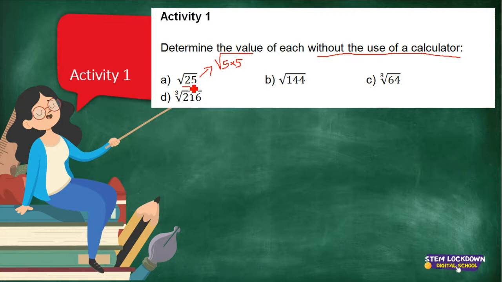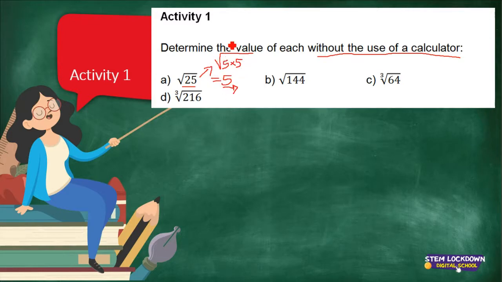So which number did I multiply by itself once to get 25? The answer is 5. Remember, when I say roots, I mean the beginning. Roots, think of a tree. The root is always at the bottom. So which number did you multiply by itself to get 25? That number was 5.